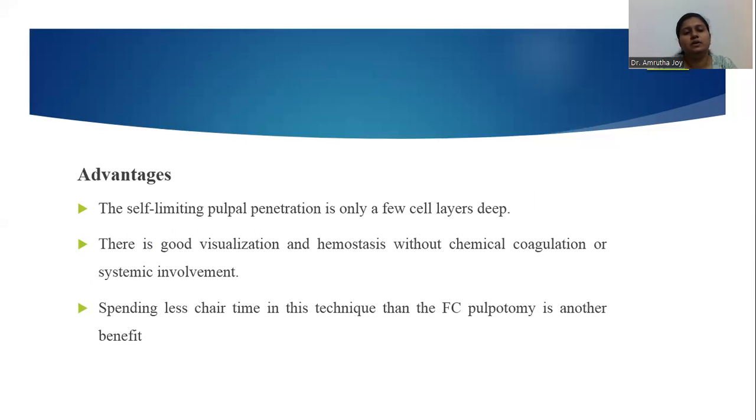Advantages include self-limiting pulpal penetration, that is, only a few layers of pulp are mummified. There's good visualization of hemostasis, there is no use of any chemicals such as formocresol, and it spends less chairside time than the formocresol pulpotomy.